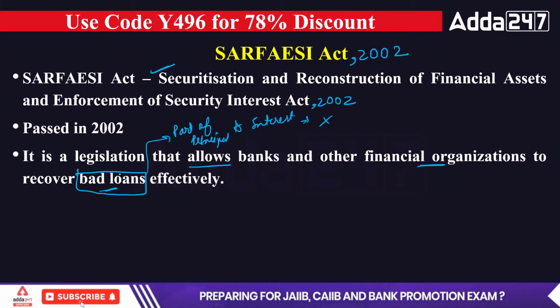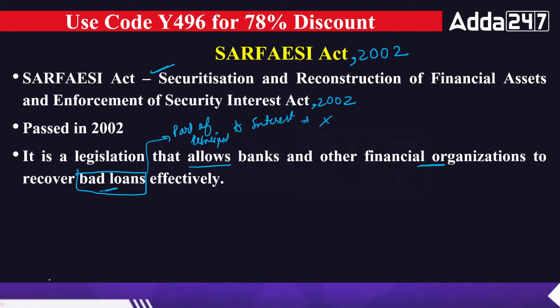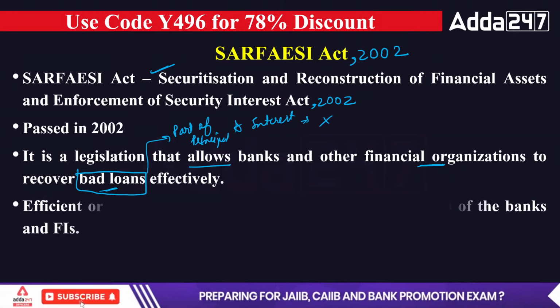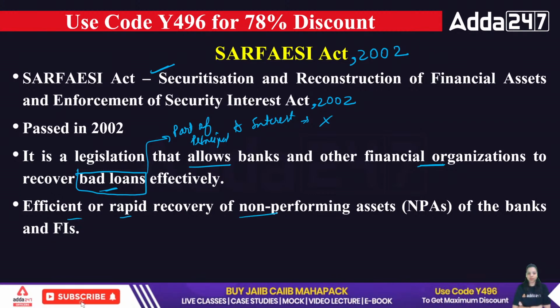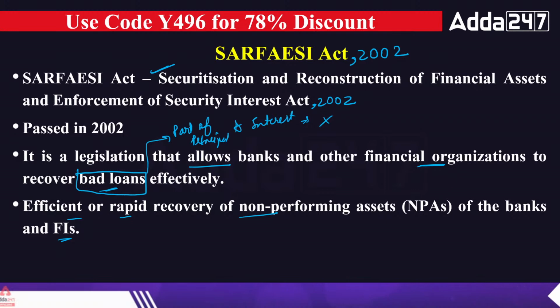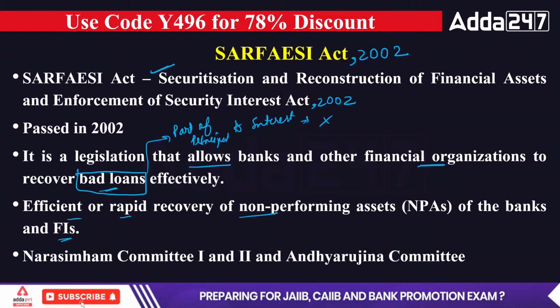That is known as a bad loan. This legislation helps banks and other financial institutions recover their bad loans. It provides efficient and rapid recovery of NPA of the banks and financial institutions.